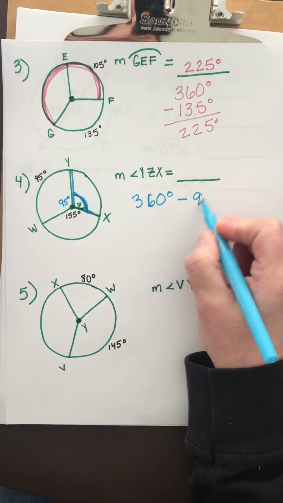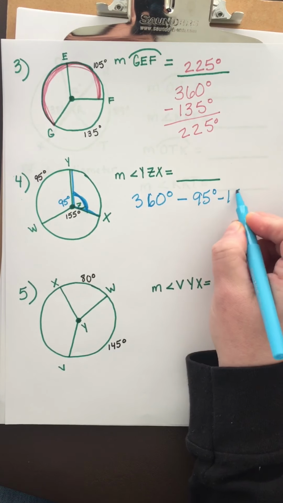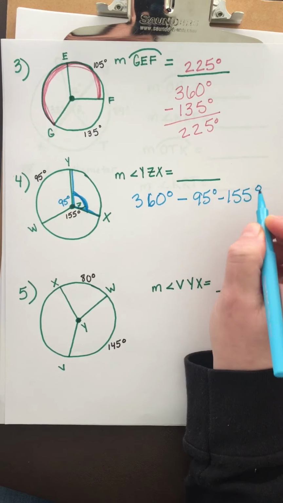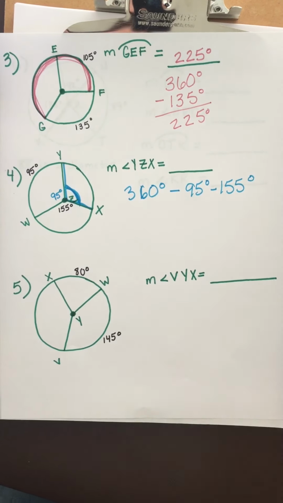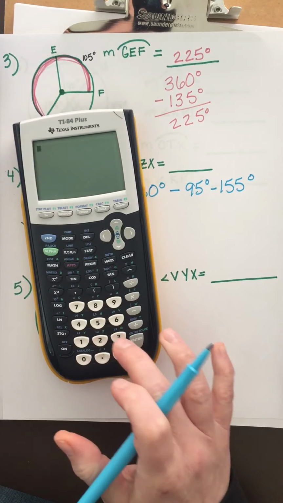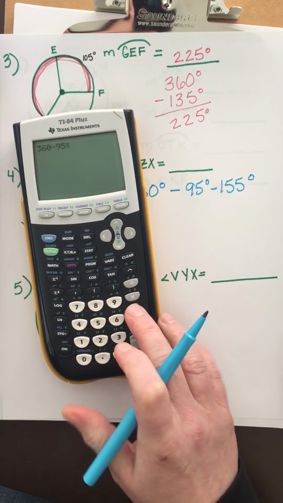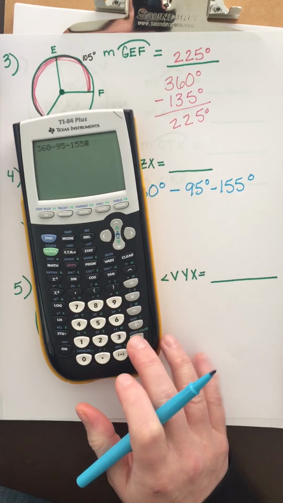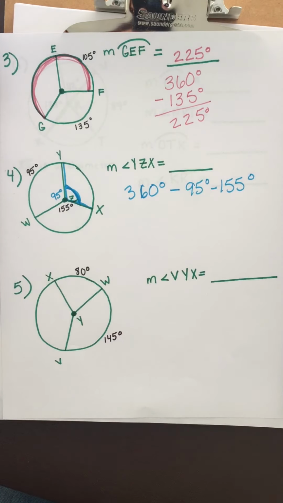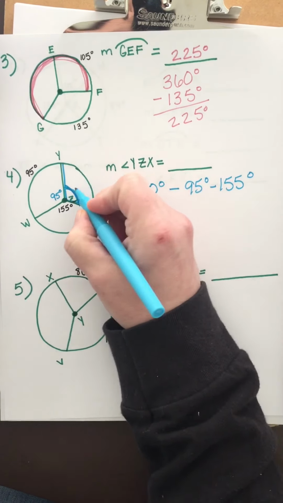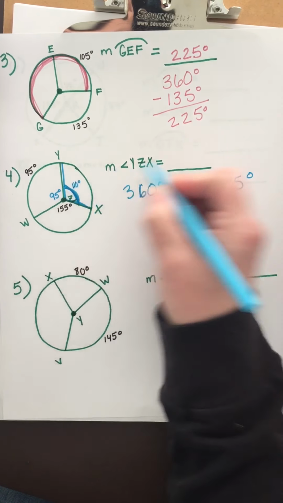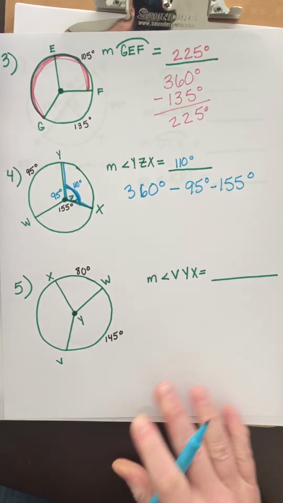So minus 95 degrees and minus 155 degrees. So if we do 360 minus 95 and then minus another 155, we get 110 degrees. So the measure of this angle would be 110 degrees.